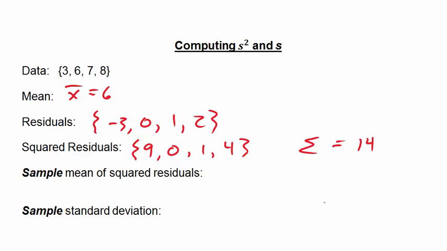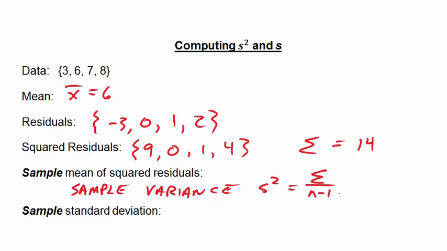So the sample mean of squared residuals, that's really just sample variance, which we had called s squared, and that is just the sum divided by n minus 1. Remember, the n minus 1 is reflecting that I actually had to approximate the mean, so I sort of burned up a data point in doing that.